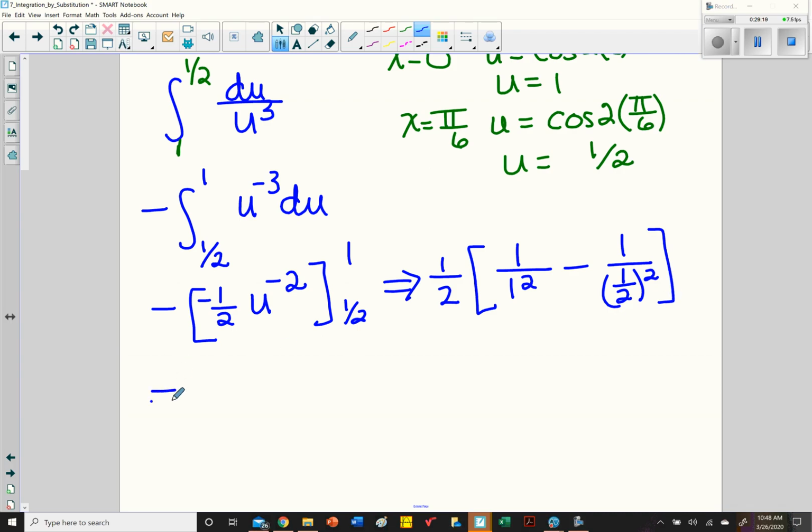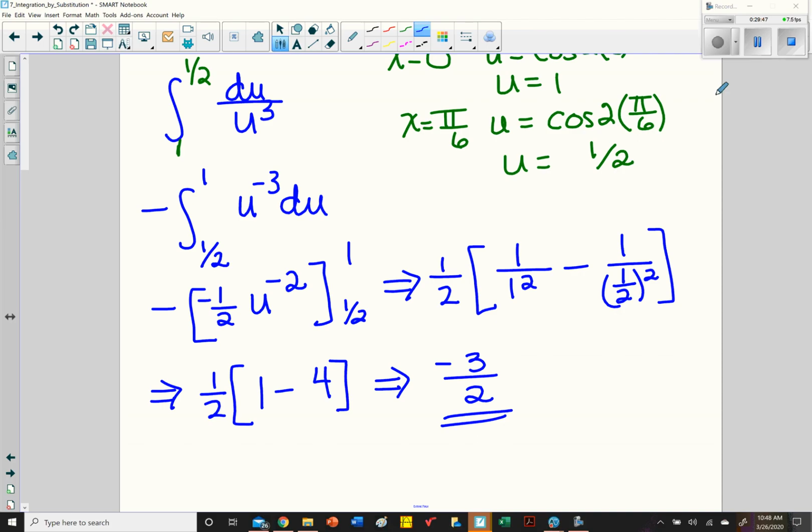So we have 1/2 times 1, and then this becomes 2 squared, or 1/4 squared, 1/4, which is 4. So that's going to be -3 over 2. Let's make sure I didn't make a mistake there.